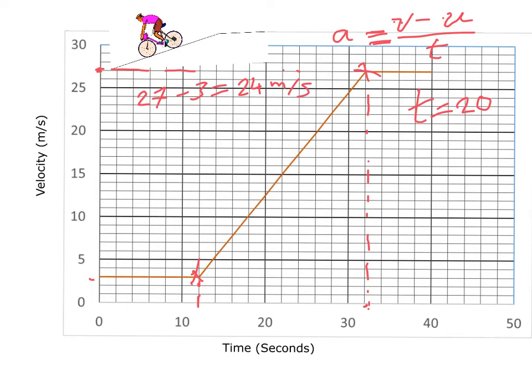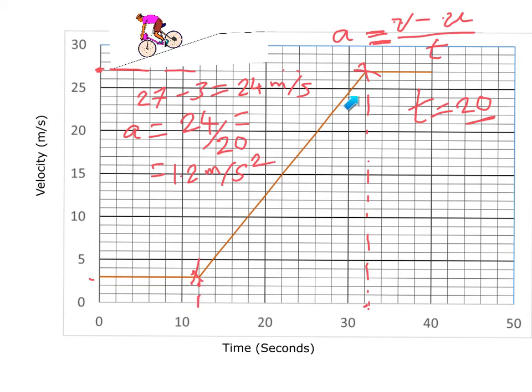Okay, as you know, if you just apply the formula, a would be equal to 24 divided by the time taken, which is 20. Okay, so what does that give you? That gives you 1.2 meters per second square. Okay, so that's the acceleration as it goes down the slope here. So that is the acceleration for this part.